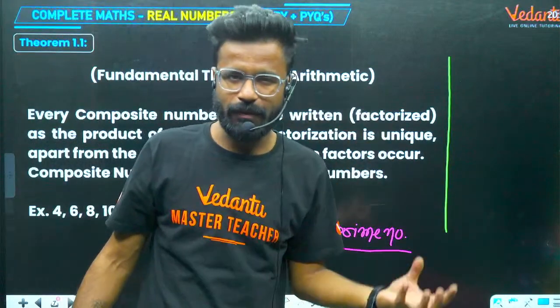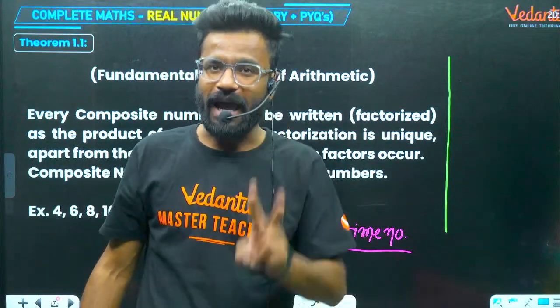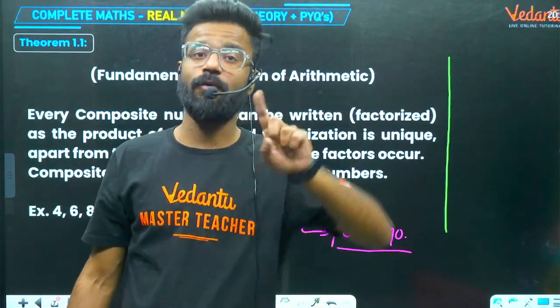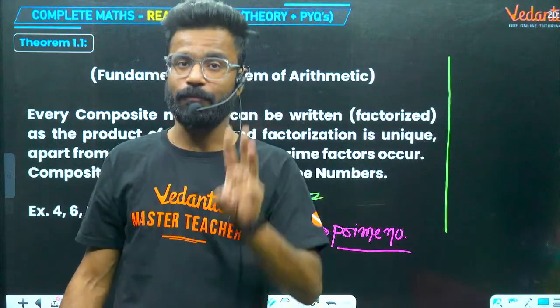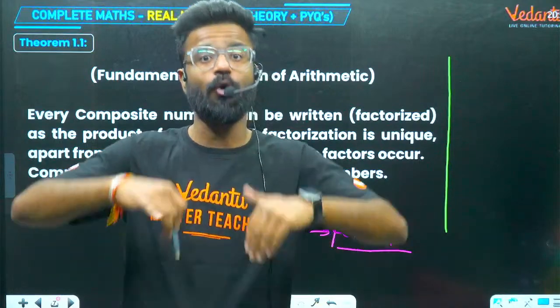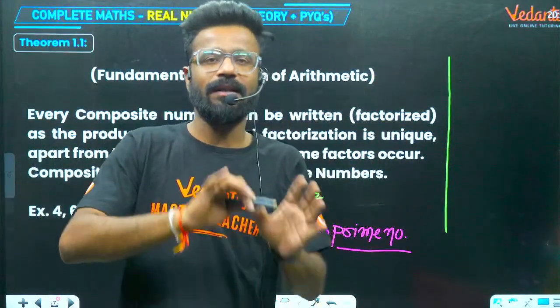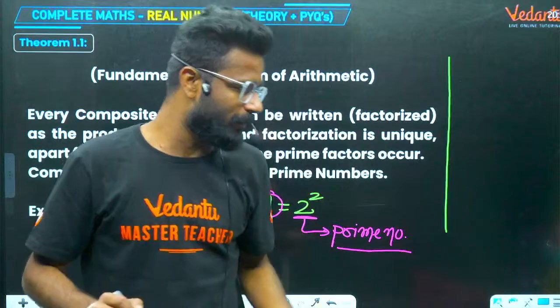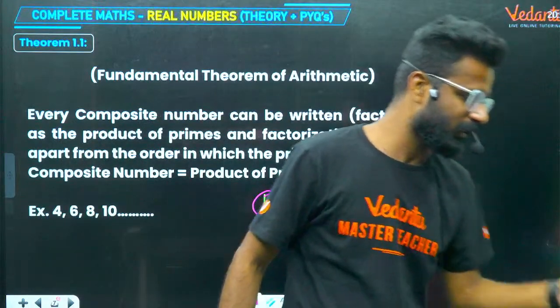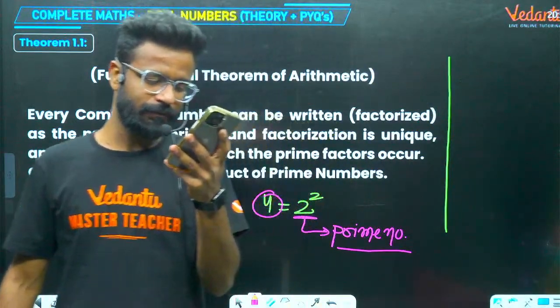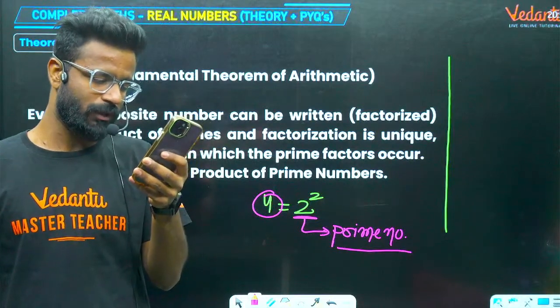Now what are prime numbers and what are composite numbers? A prime number has two factors, 1 and the number itself, but a composite number has more than 2 factors. Like 1 and the number itself, apart from that it can have some other factor as well, my friend. Clear? Q is not equal to 0.